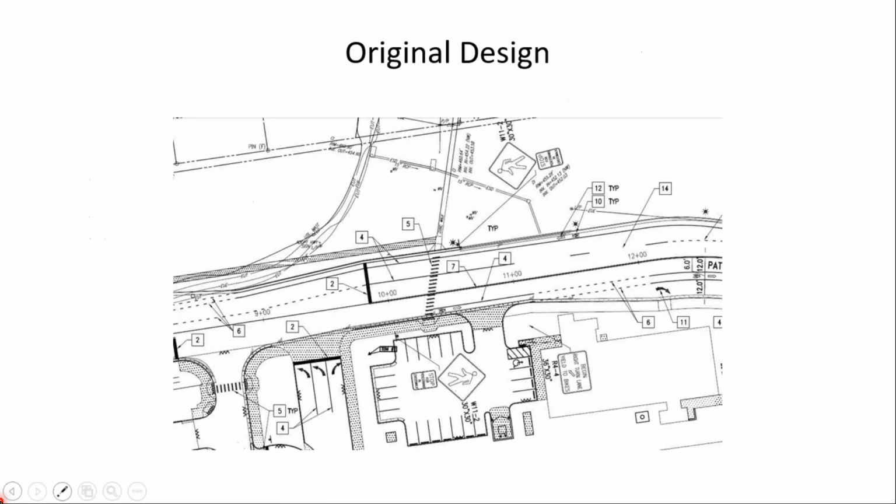This is just one of many plan sheets that shows the original design. And to orient you, the parking structure is down here, coming off the bottom of the image. This is the new exit roadway from the parking structure that intersects the perimeter roadway. This is the sidewalk under the pine trees.